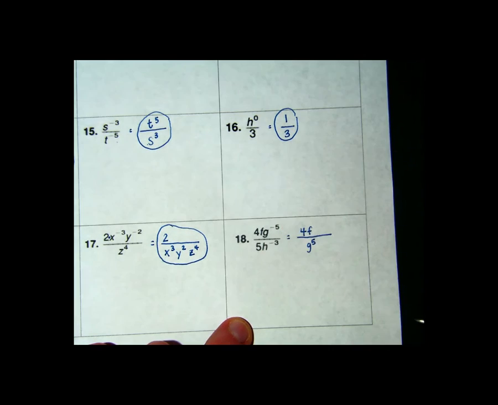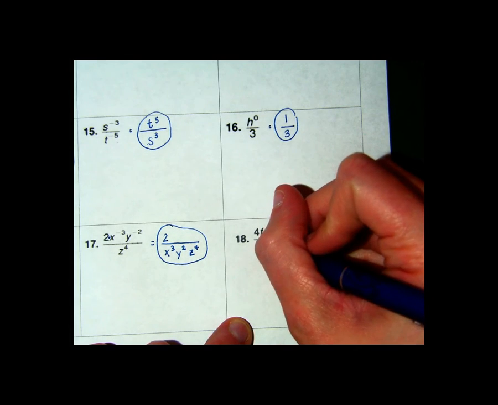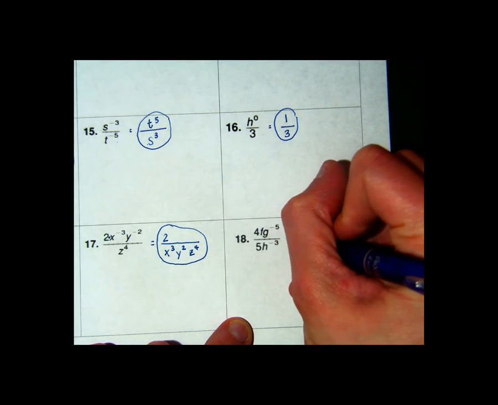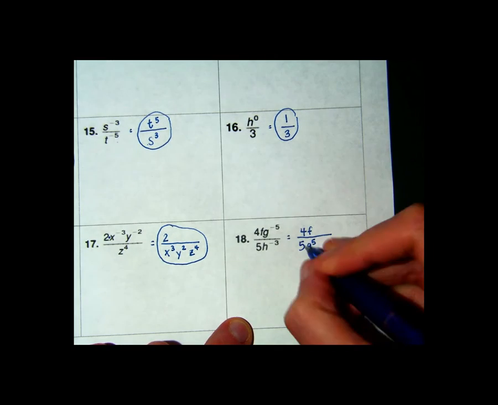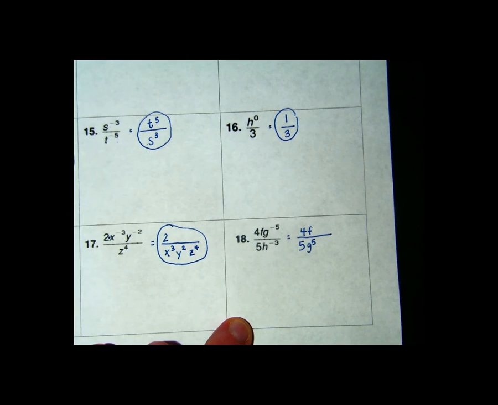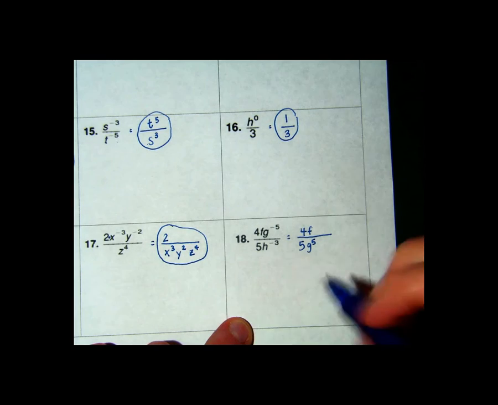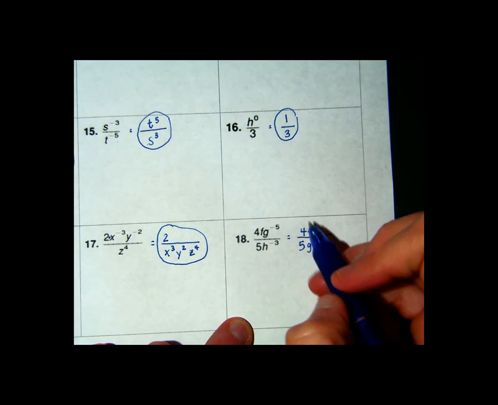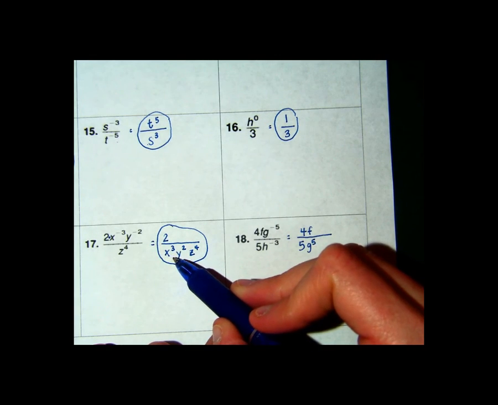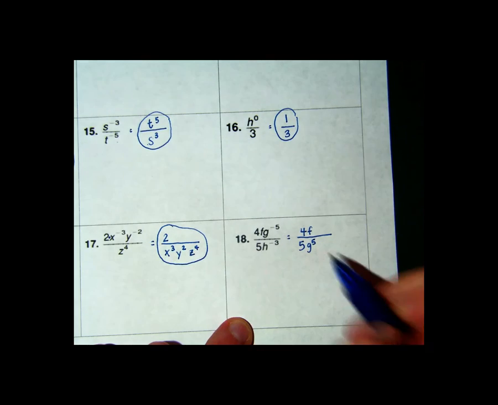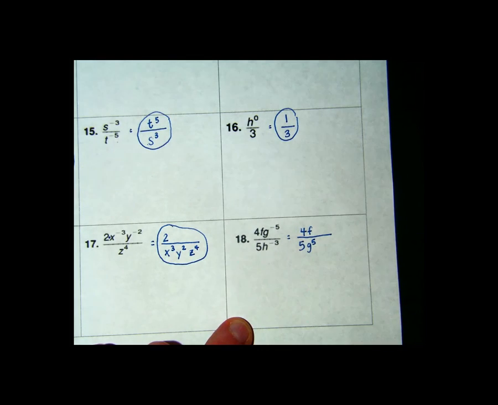I've taken care of everything in the numerator. Let's look at the pieces in the denominator. 5 does not have a negative exponent. I'm going to put it back in the denominator. Now I put it in front because that is actually standard form that we're going to talk about later. You put the numbers first, then you put the variables in alphabetical order. So we're going to put it in front.